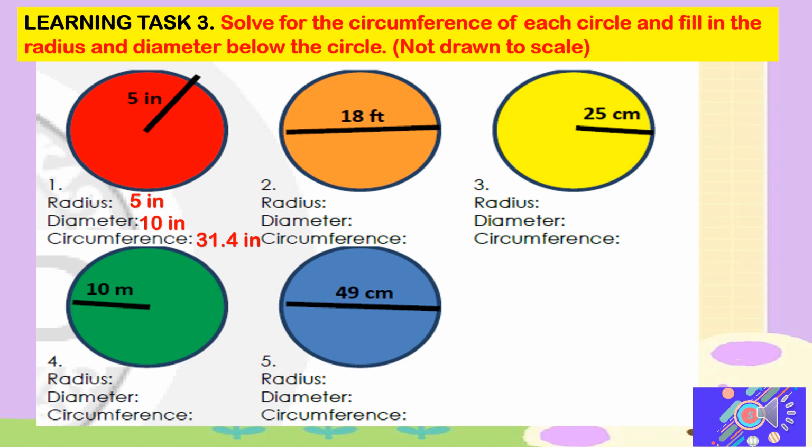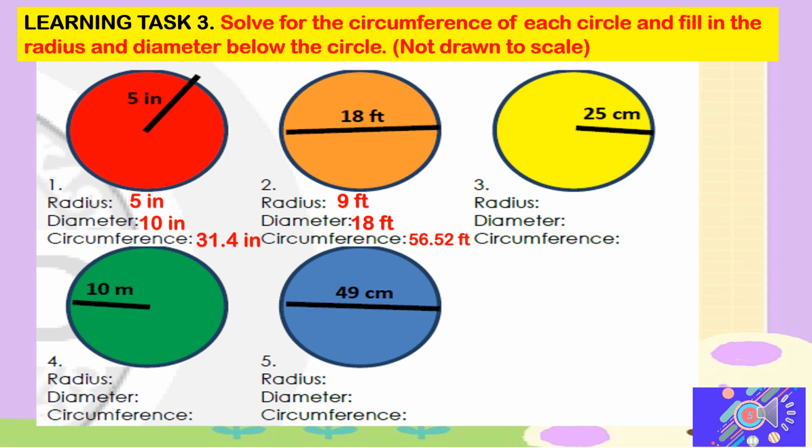For number 2, the given is 18 feet. So, ang radius niya is, diameter yung given. So, ang radius niya is 9 feet. So, we have to divide 18 by 2. And the diameter is 18 feet and the circumference is 56.52 feet.